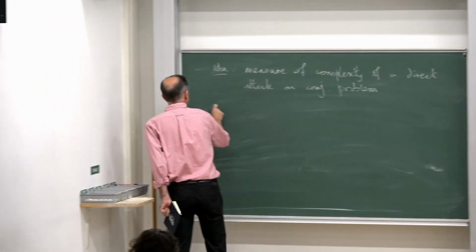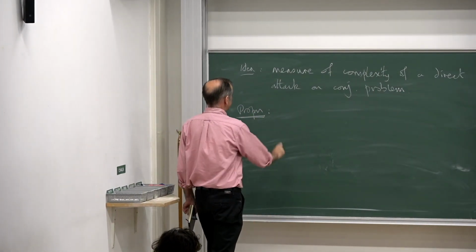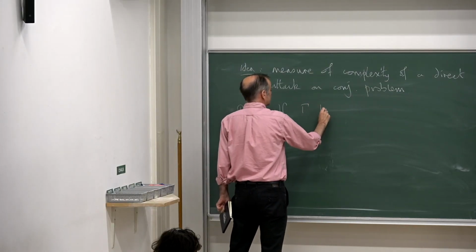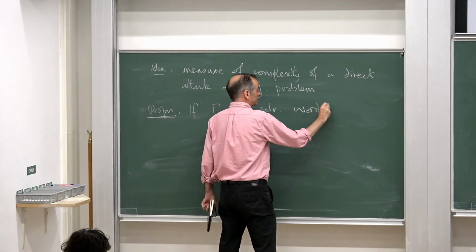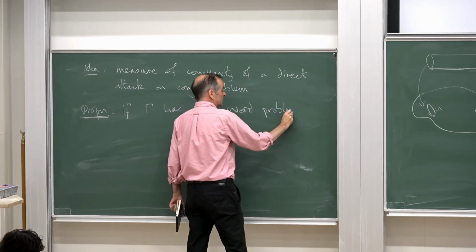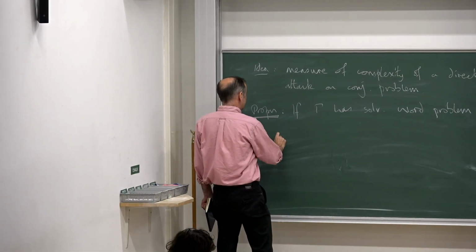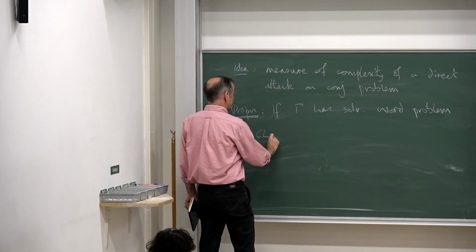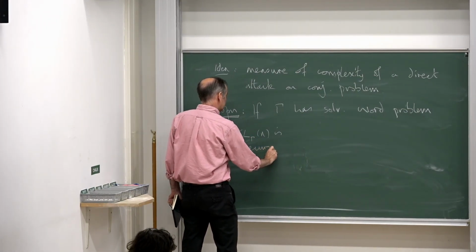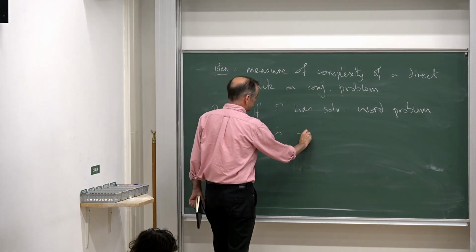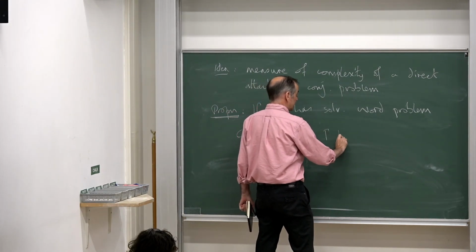And for example, the proposition, you can just convince yourself it's really just a tautology: if gamma has a solvable word problem, so as long as there's an algorithm to recognize which words represent the identity, then the conjugator length function of gamma is recursive, bounded above by a recursive function, if and only if gamma has a solvable conjugacy problem.